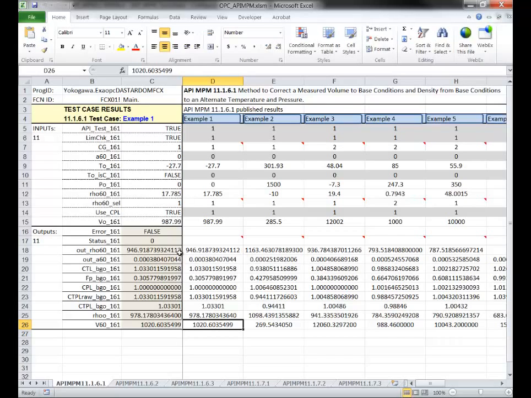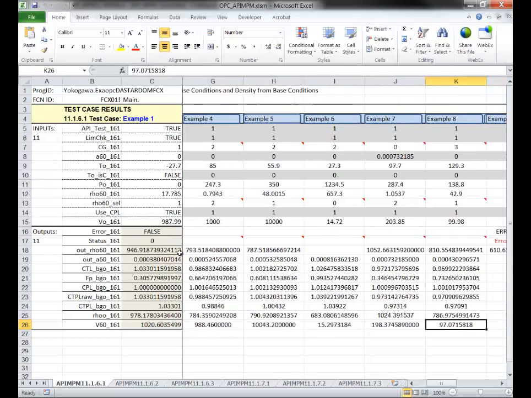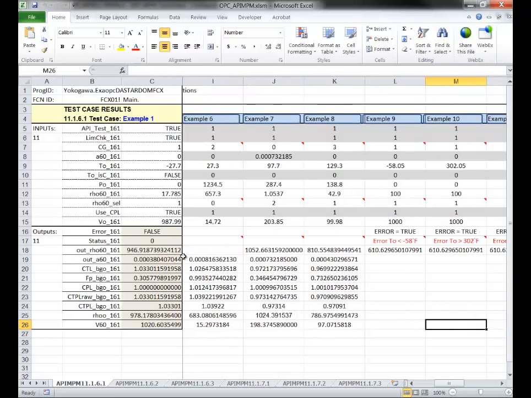What I've done is put in a lock on, or freeze pane, on the table here, so as I scroll through the different examples, because there are multiple examples per algorithm, you can see that it shifts. This allows you to have your example right next to the results, so that you can have easy comparison.